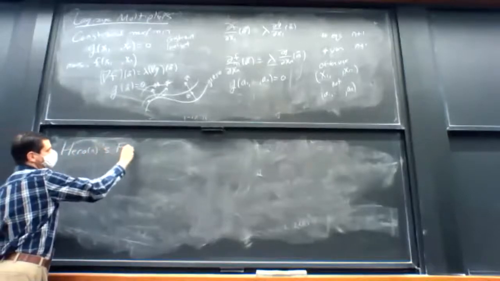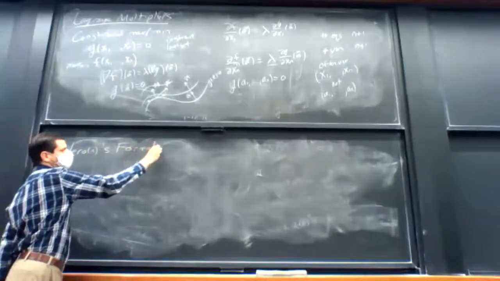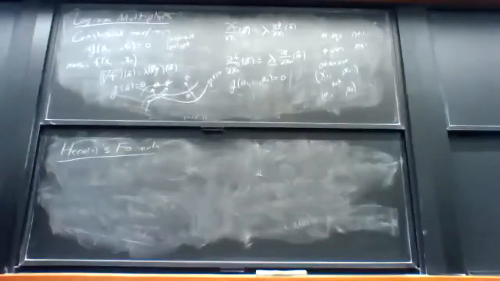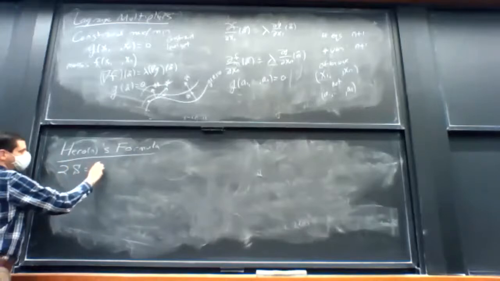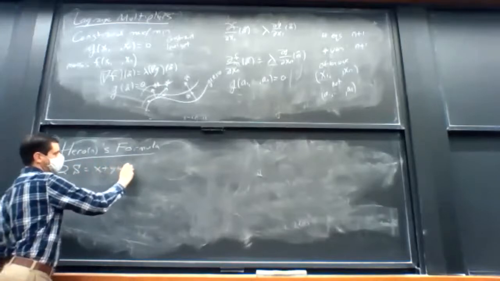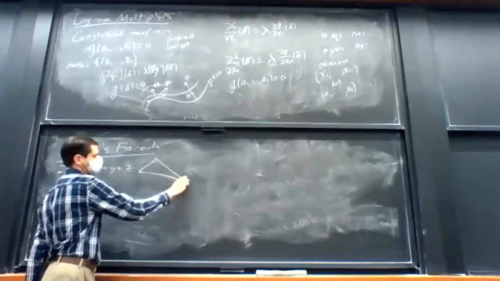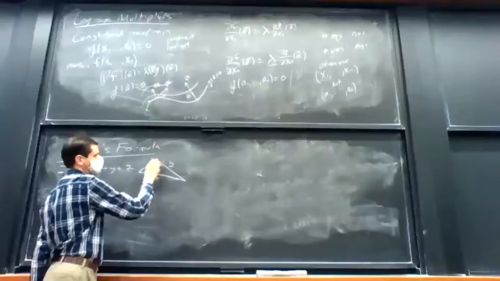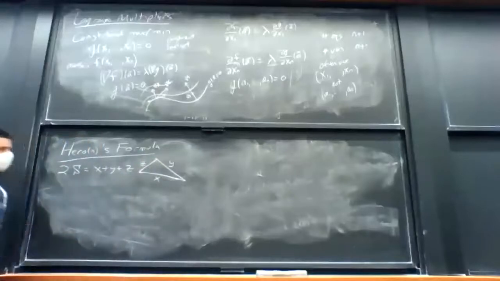How many of you have ever heard of Hero or Heron's formula for the area of a triangle? Yes. So 2s is equal to x plus y plus z. I give you a triangle with sides x, y, and z, and it turns out that there is a formula for the area.